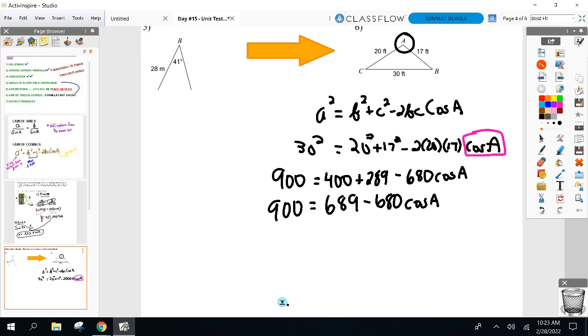Next move. Can't combine the 689 and the 680, but I need cosine A by itself. What do I move over and how do I move it over?